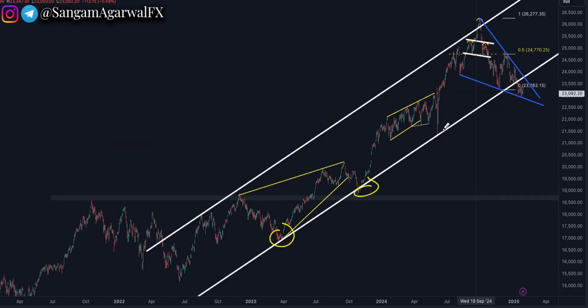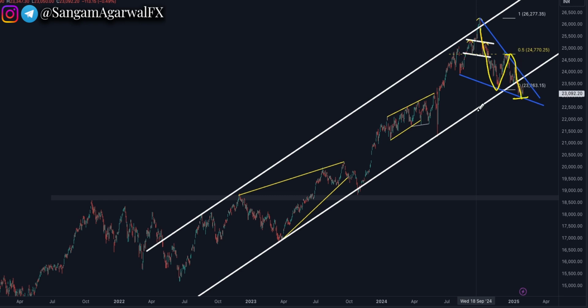Because if you see their stock market, Nifty 50 daily chart, there is this big parallel channel breakout recently, multiple closings below the trend line, price goes down to 50% retracement, now making a new lower low.